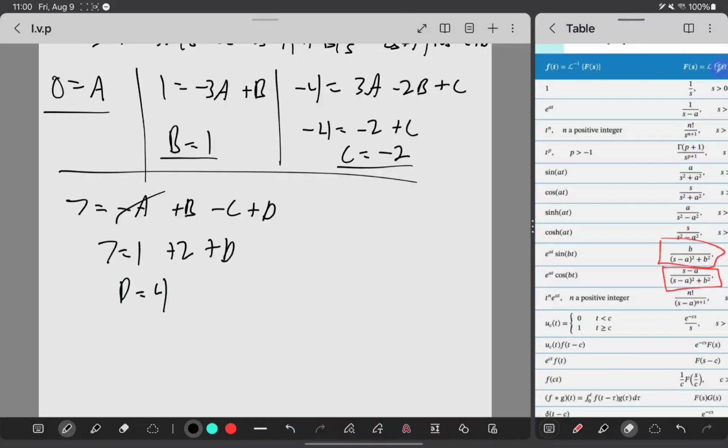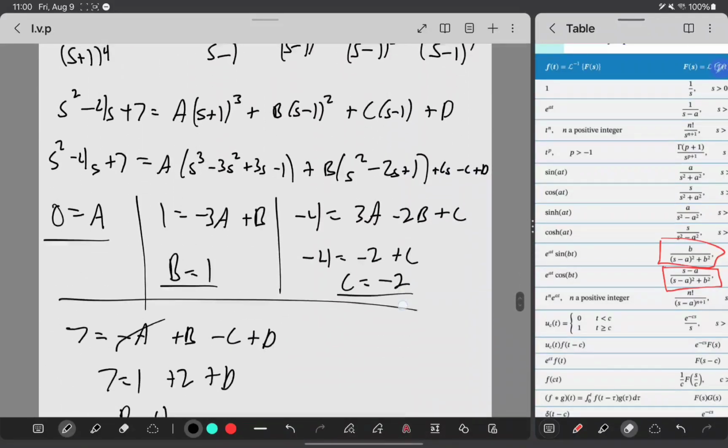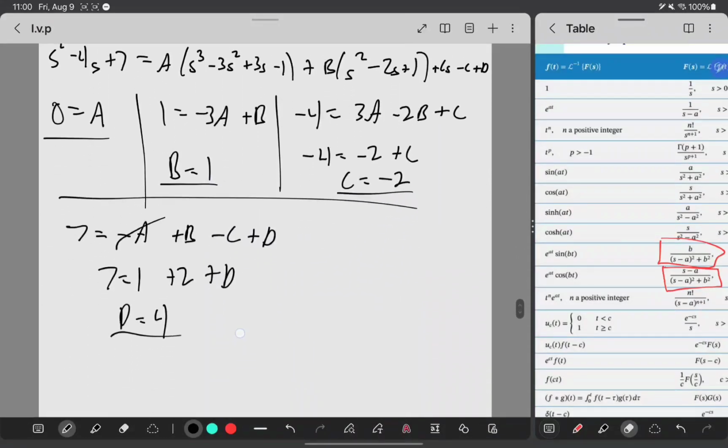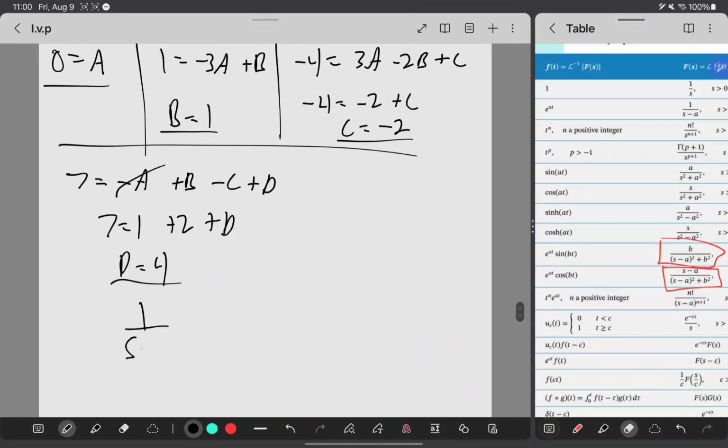D is 4, right? Yep. So then we're left with 0, 1 over s minus 1 squared, minus 2 over s minus 1 cubed, plus 4 over s minus 1 to the 4th.